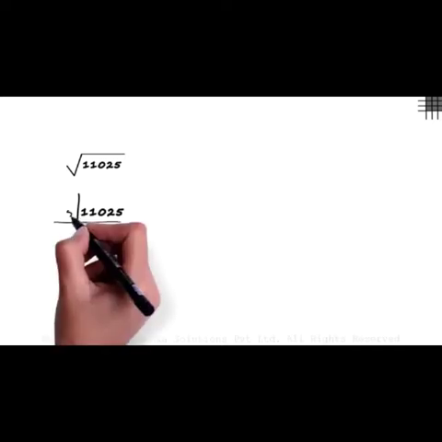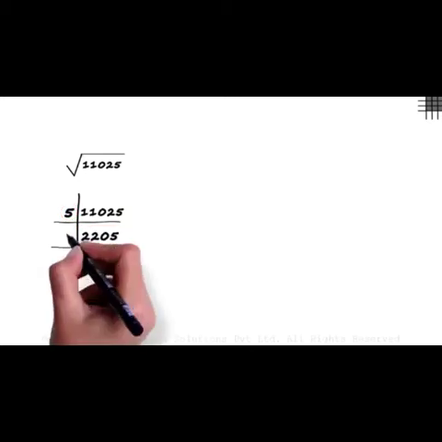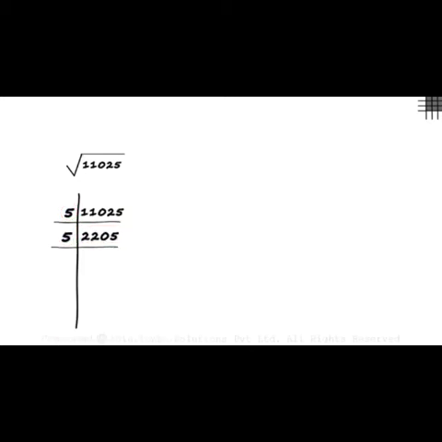So first we divide it by 5. 2 5's are 10, remainder 1, 2 5's are 10, 0, 5 5's are 25. Then we divide it by the same 5. 4 5's are 20, 4 5's are 20, 1 5 is 5. 2205 divided by 5 equals 441.